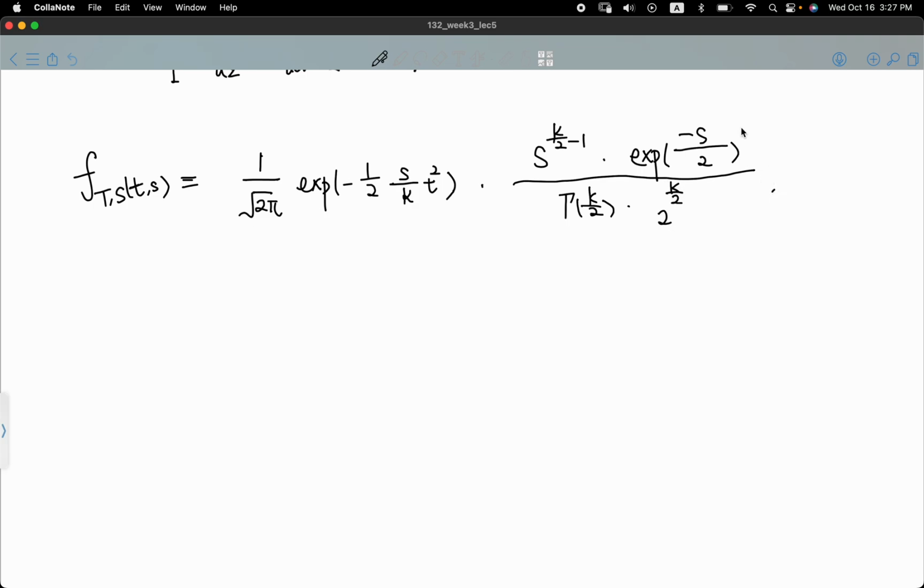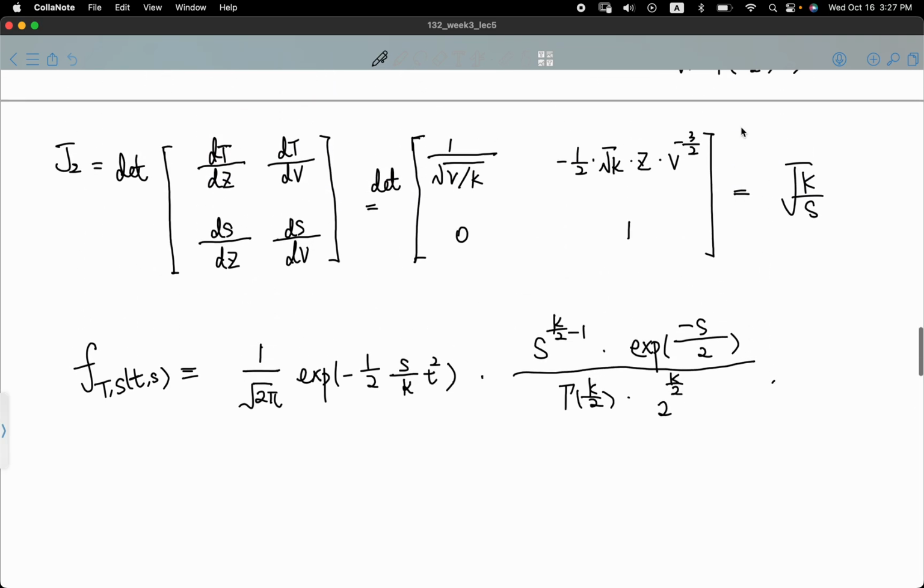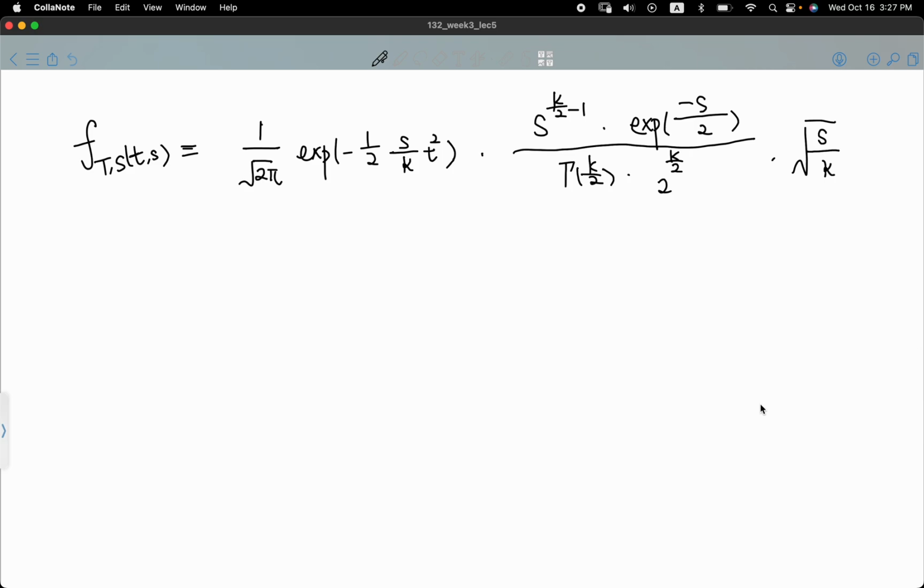And then don't forget the Jacobian. So we need to take the inverse because we're using J2. So s over k here. Okay, so J2 absolute value inverse. Okay, so this is our joint density function for T and S. Okay, so first let's simplify this.